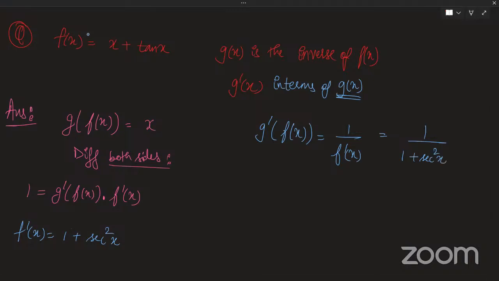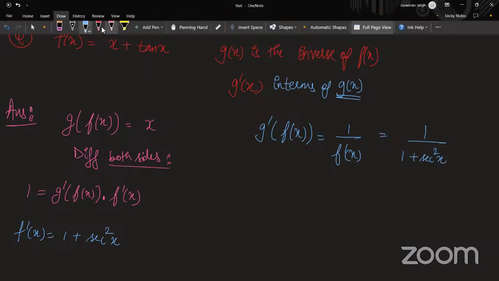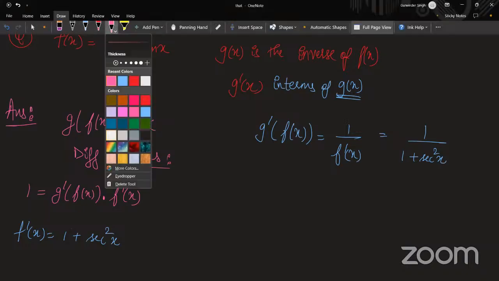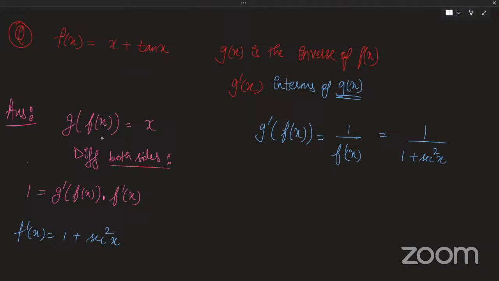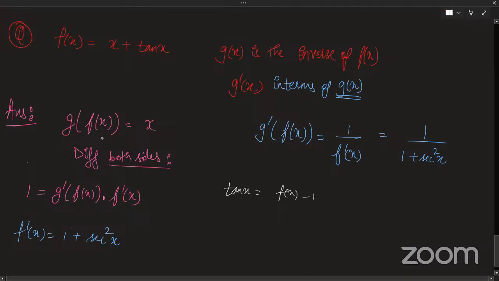Now the issue is all the options that have been given to me, I need to give the answer only in terms of g of x. So is there a way in which we can convert from this function to this function? Yes, it is possible, right? You can see my tan x can be written as f of x minus x, right?